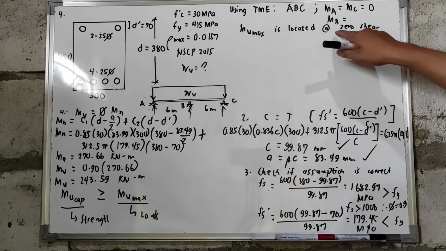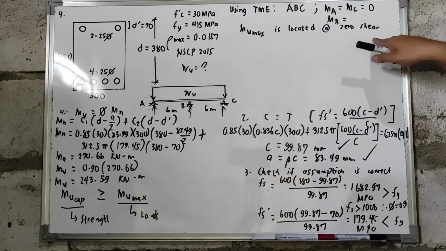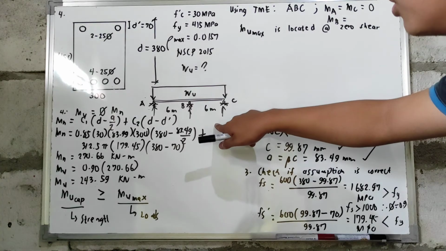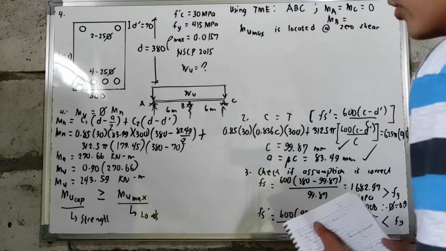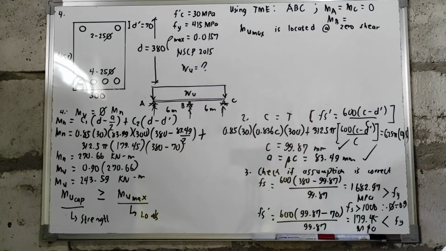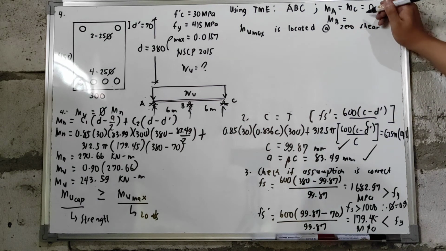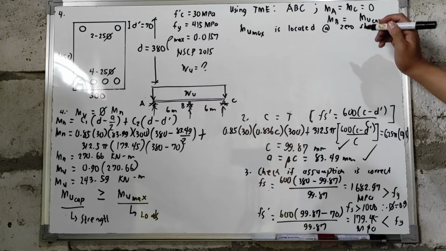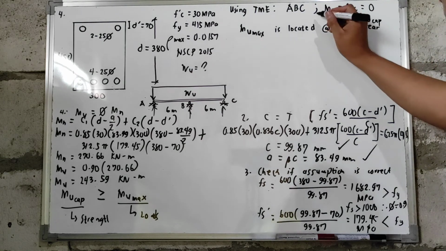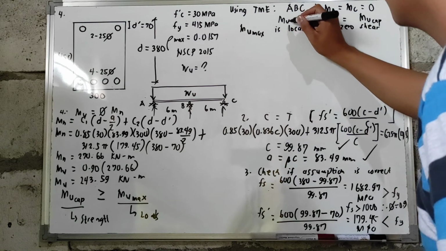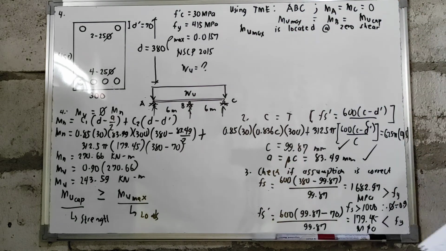So, meaning to say, yung MU max natin, located siya sa zero shear, and it happens to be na kapag ganito yung diagram natin or yung loading natin, nasa gitna yung maximum moment natin. So, MB is now equal to yung MU capacity natin. Kasi yung MB natin, that is the value of your MU maximum.